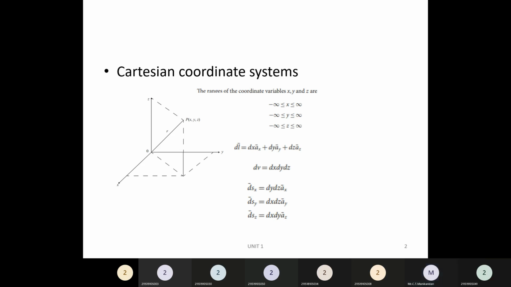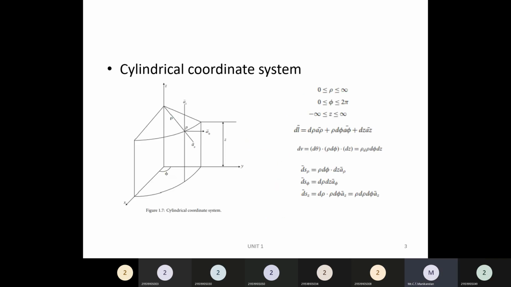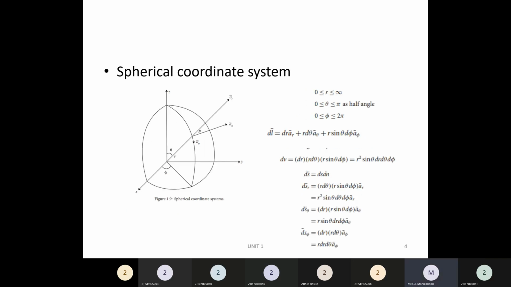Similarly here also, once you know dl, you can write dv and ds. This is what you will have for the cylindrical coordinate system. Then we will have the spherical coordinate system.